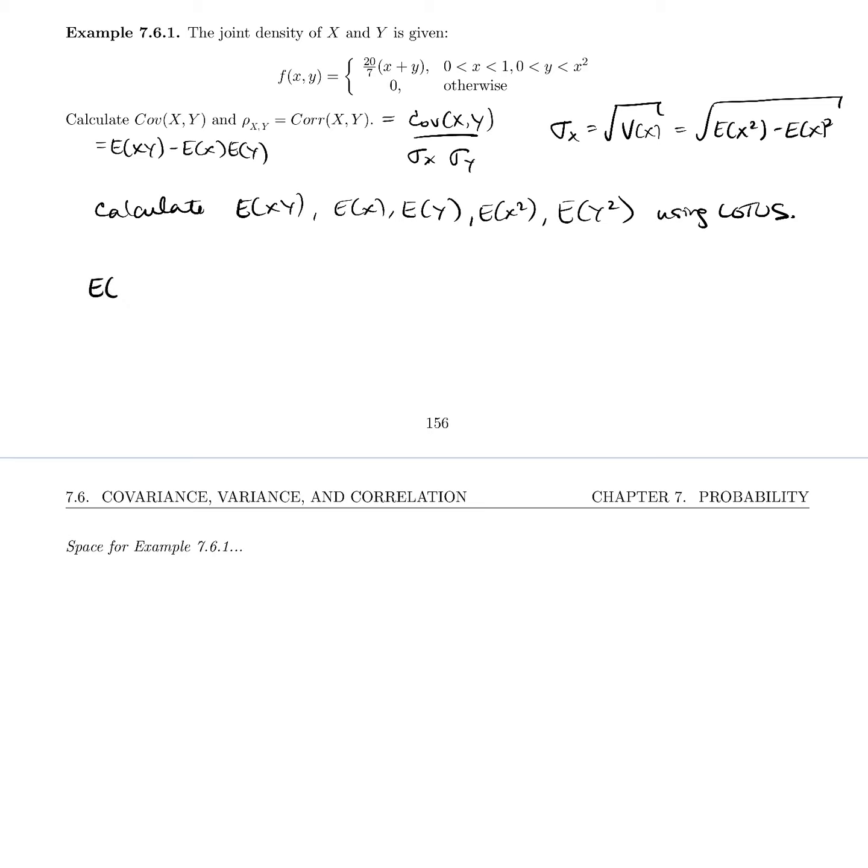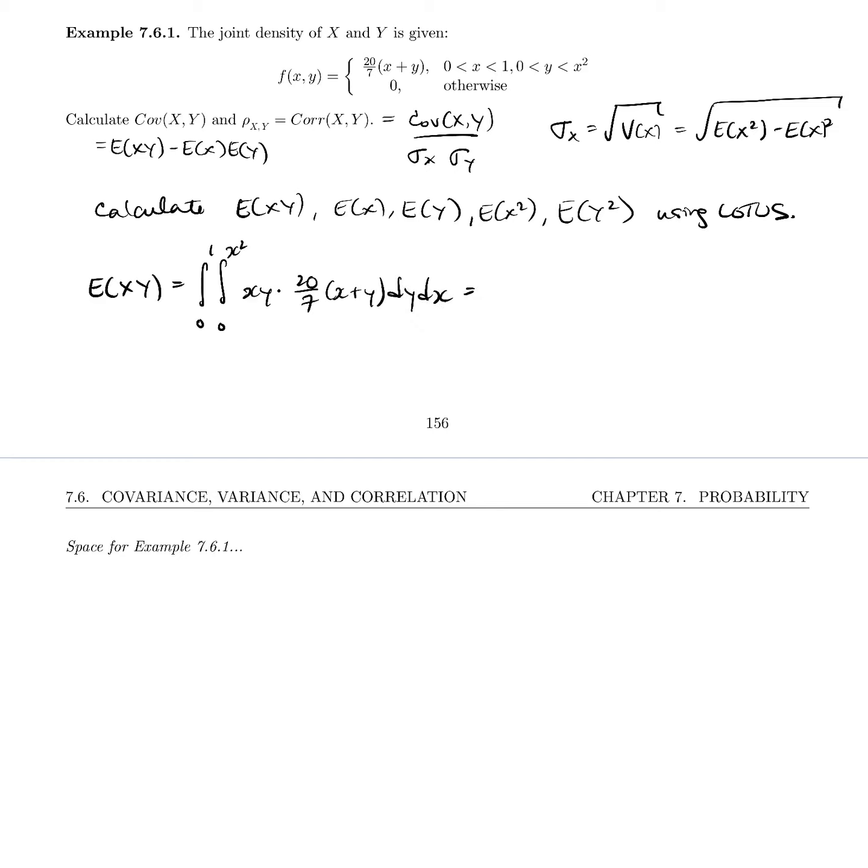So E of xy. That is going to be the double integral, and now our bounds are given for us right here. So we don't have to do any work to describe the support. So we're going to go from 0 to 1, and from 0 to x squared of xy times the density function, 20 over 7 times x plus y, and that order is dy dx.